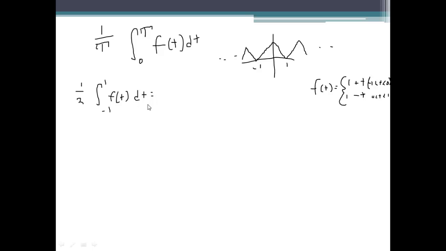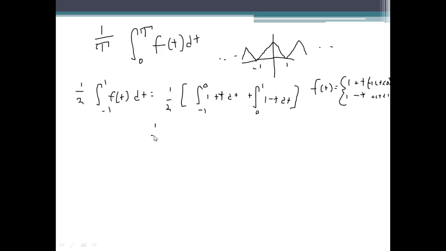And since our f of t is piecewise and different over this range, we have to split up our integral. So that just becomes 1/2 times the integral from -1 to 0 of 1 plus t dt plus the integral from 0 to 1, 1 minus t dt.